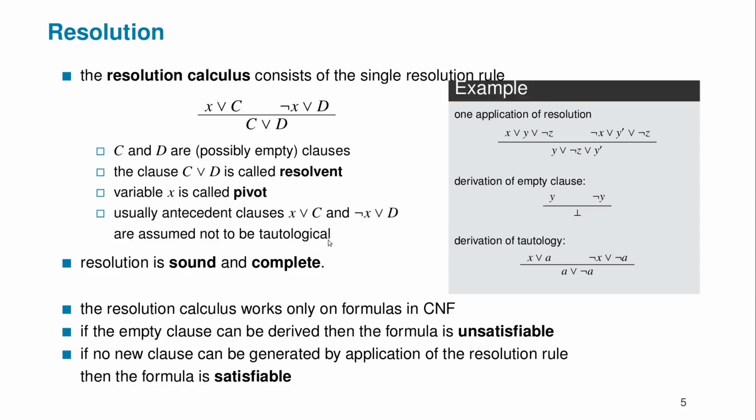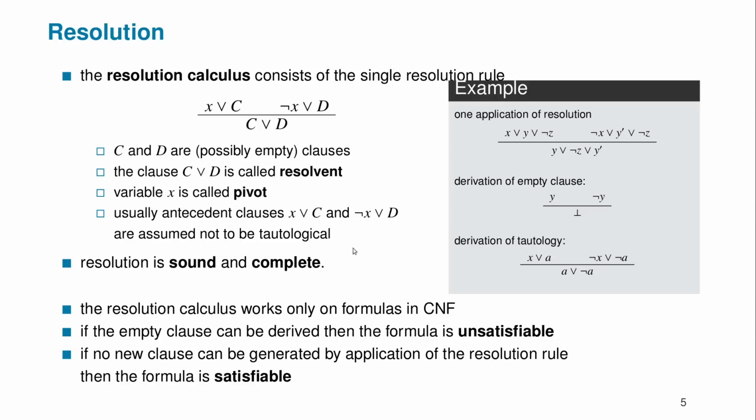For any unsatisfiable formula, we can derive the empty clause. So if we derive the empty clause, the formula is indeed unsatisfiable, and for any unsatisfiable formula, we can derive the empty clause.